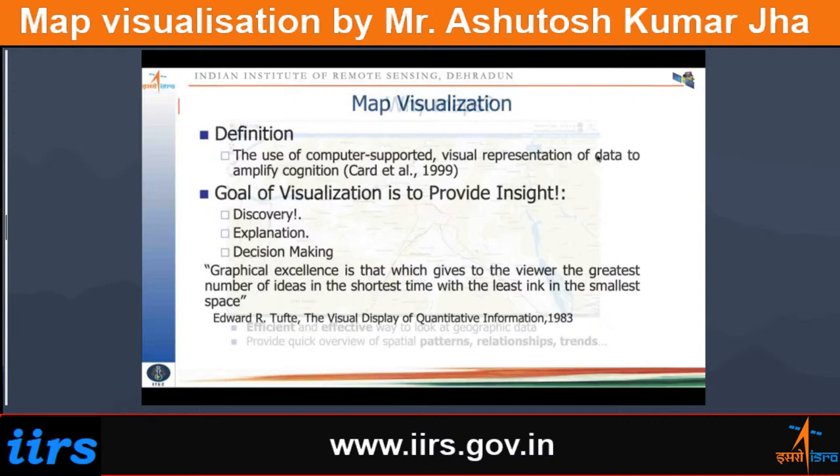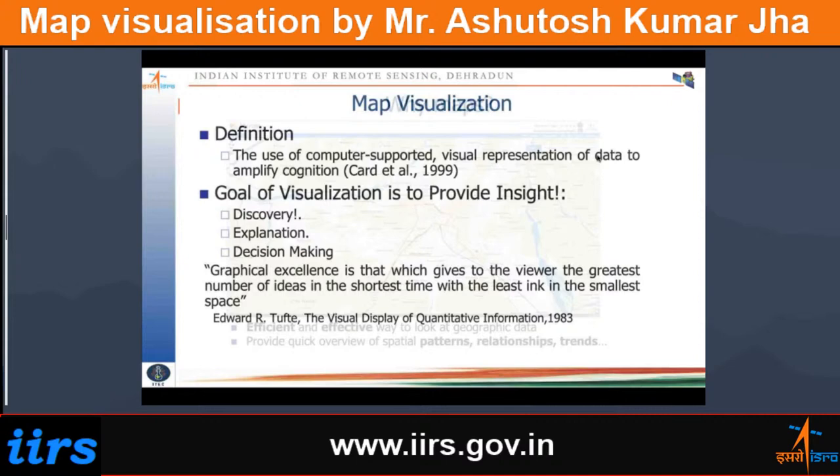For the sake of completeness, I should say that it provides a way to represent any kind of geographical data in an efficient and effective way. Whenever we say efficient and effective, it means it has to use the optimum area provided. If you have a paper-based map, it should use all the paper in an appropriate way, efficiently and effectively.